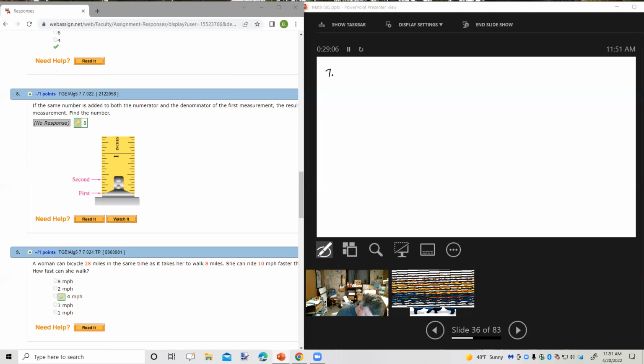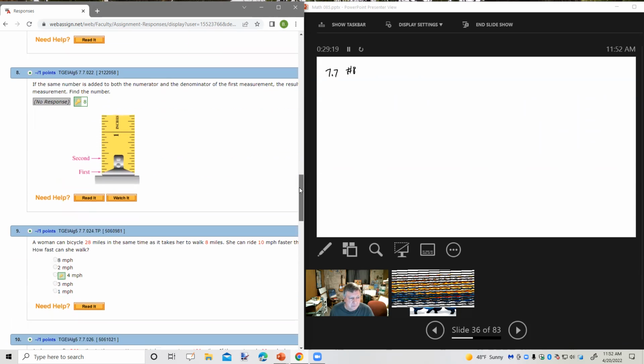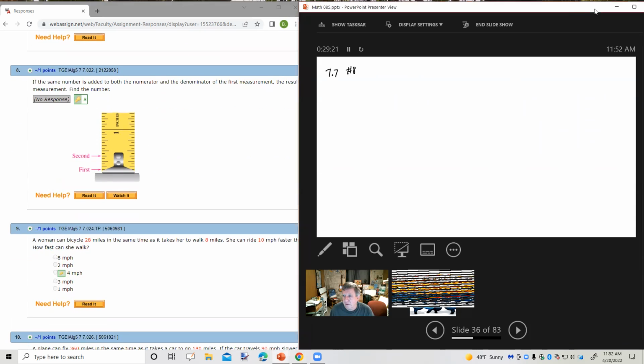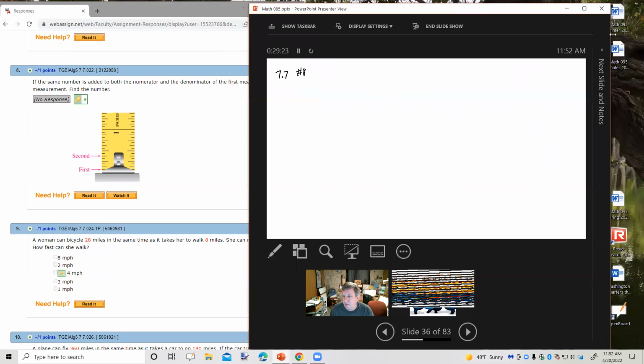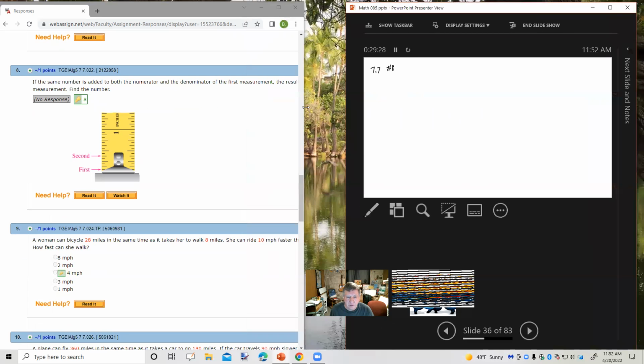So this is from 7.7, number 8. If the same number is added to both the numerator and denominator of the first measurement, let's see here, what I need to do is make this smaller. Then we can make this larger.